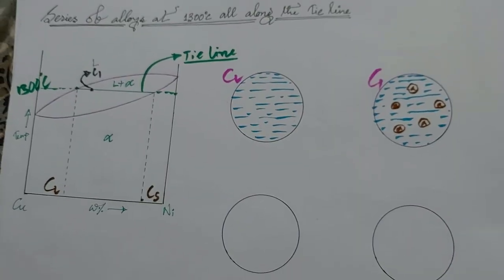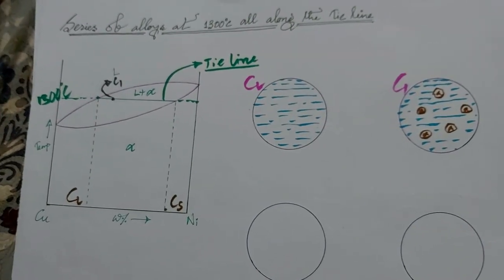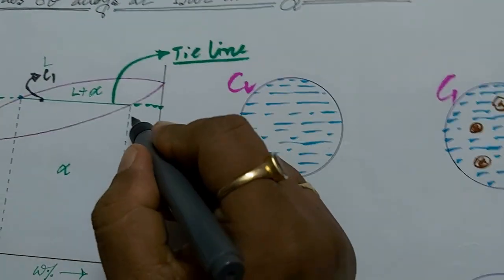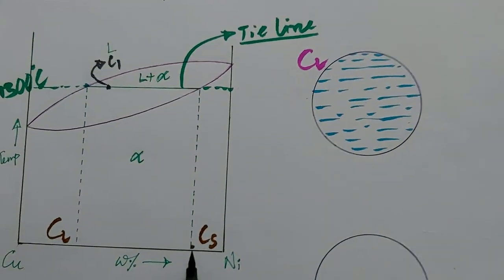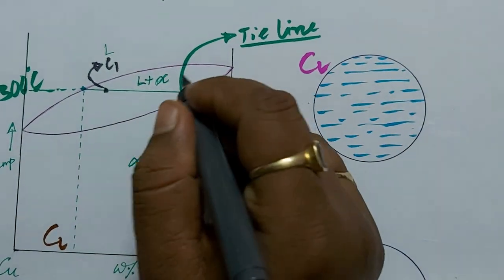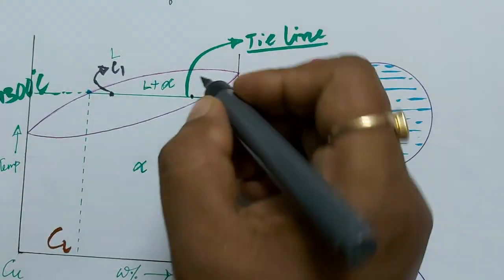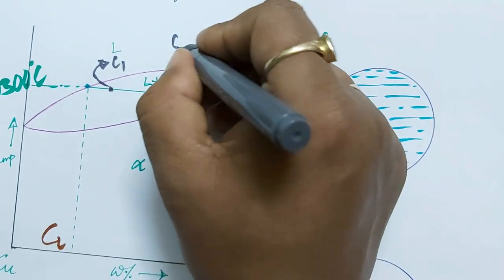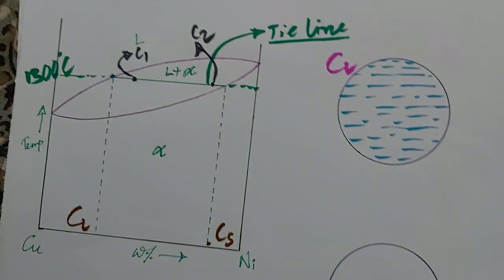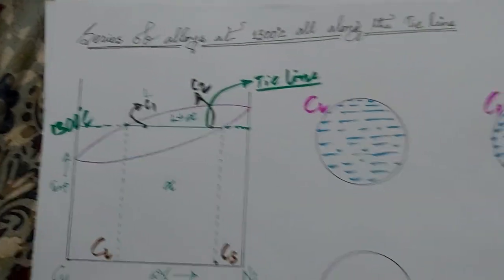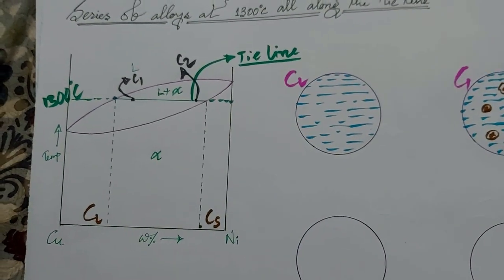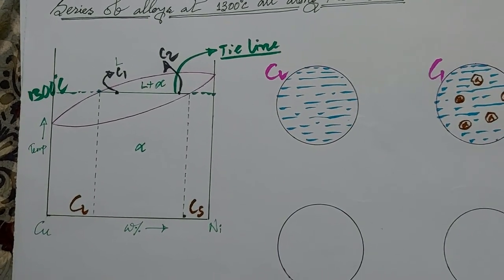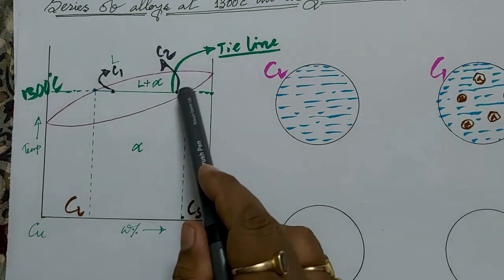Now we will take another point which is near about this CS composition, let us say this point, and we are naming this point as C2. Now we will see the microstructure of this composition which is near about this solidus line.